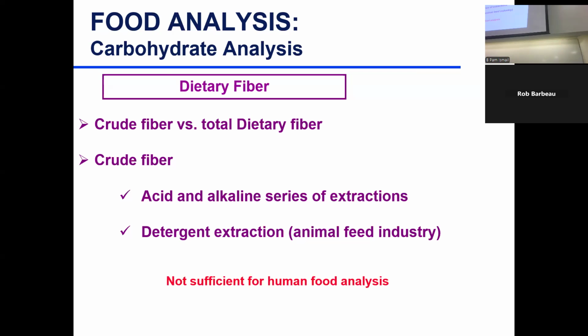In another one, you use acid and detergent to also digest everything except the fiber. But the fiber that doesn't get digested in the first assay is cellulose and lignin only. Everything else remains soluble and is lost with the solutes. So it's not a good method for determining total dietary fiber.